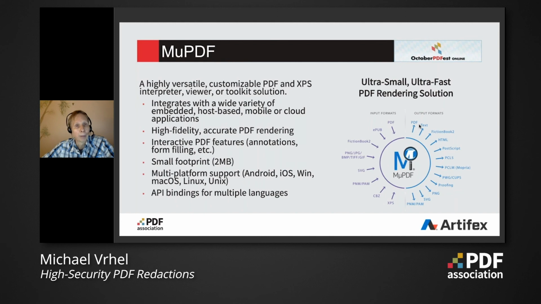MuPDF is more of a toolkit. It's a very rich API for hooking in and doing manipulations to PDF files. Its real focus is towards the mobile market. It handles all the interactive PDF features, including annotations, form filling, and digital signatures, has a very small footprint, has bindings for multiple languages, including Java and Python, and also there are WebAssembly examples available for the project.